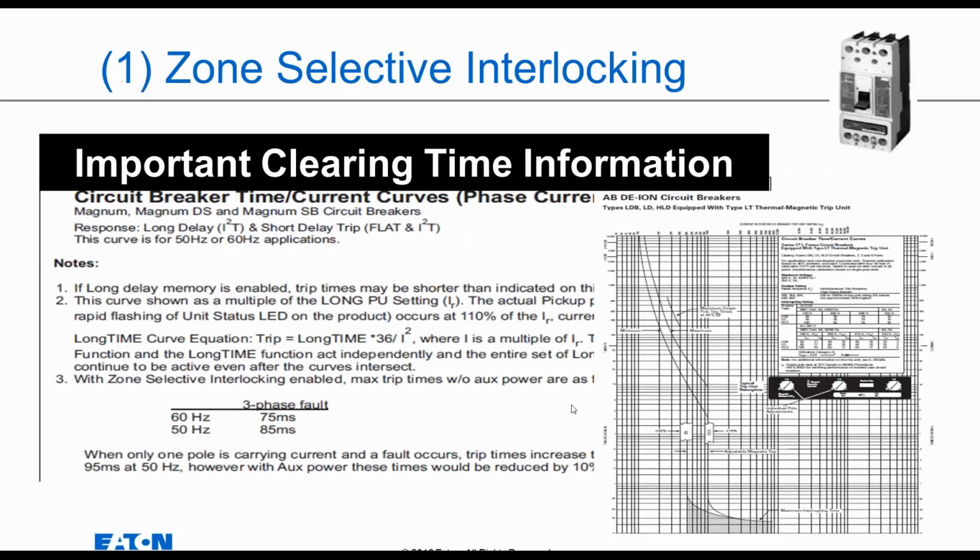First of all, I've worked with curves for years and years, and I've never seen them scrutinized so closely as in these past few years. We never really expressed a zone selective interlocking clearing time before, kind of vaguely put it into time current curves and said, we know it's going to go faster than the short time delay. Well, that just isn't good enough anymore.